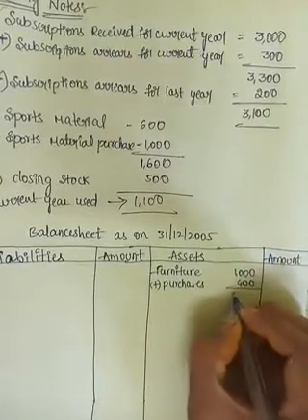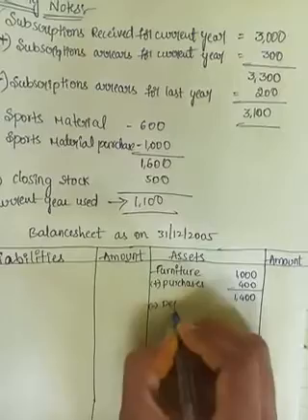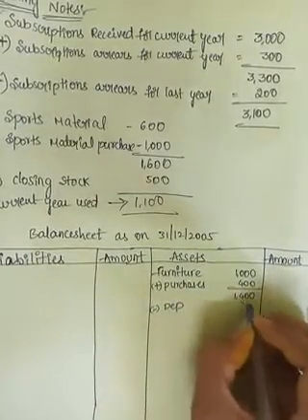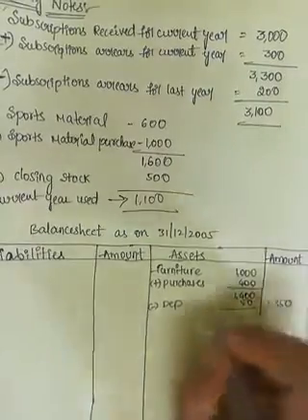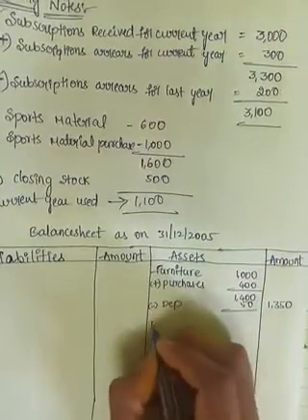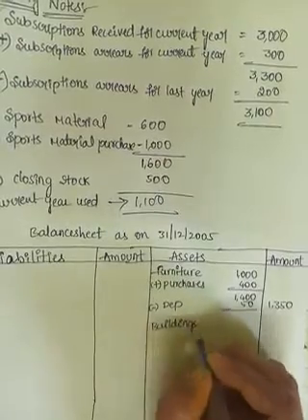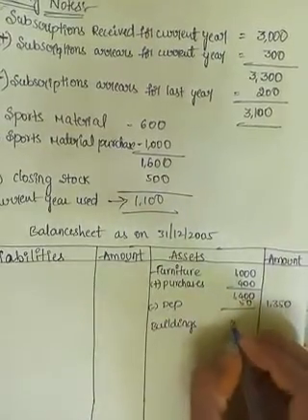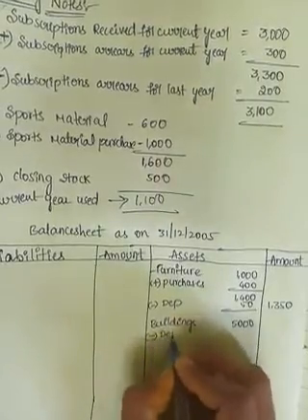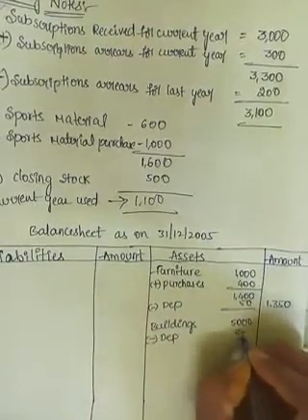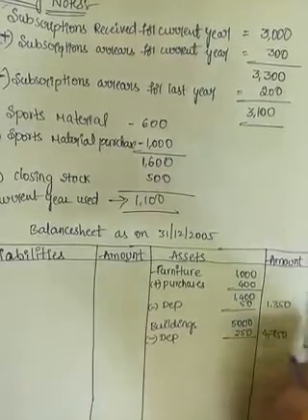Total is how much? 1400. Less depreciation, how much depreciation amount? 50. Total is 1350. Next is buildings. How much is the building's value? It is 5,000. Less depreciation of 250 is 4,750.